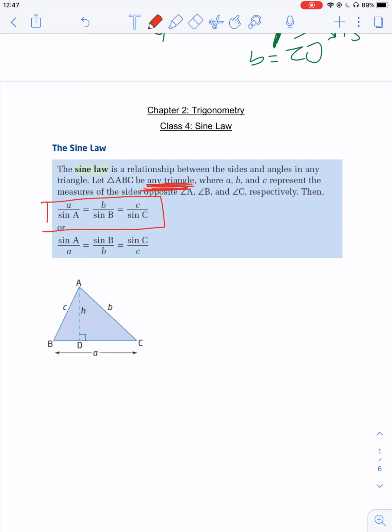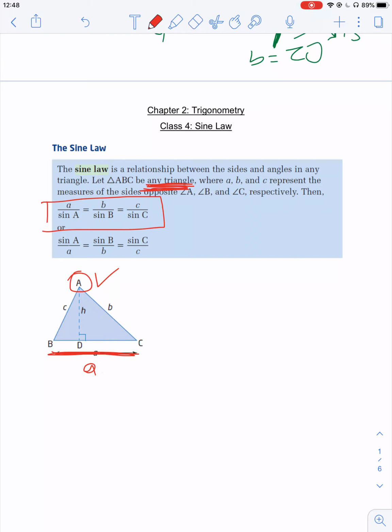So if you know an angle and the side opposite to it, and let's say you know what small a is, you need these two ratios. So an angle and the side opposite to it, plus something else, either another angle or another side, then you can use this law.